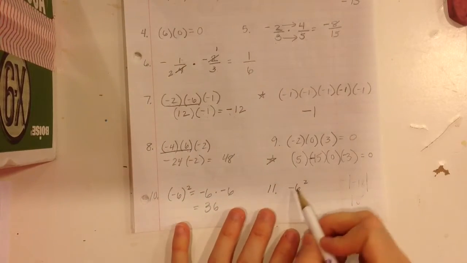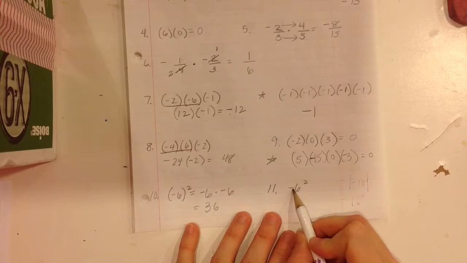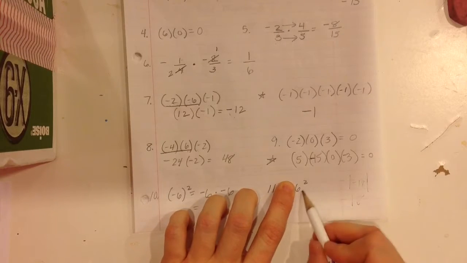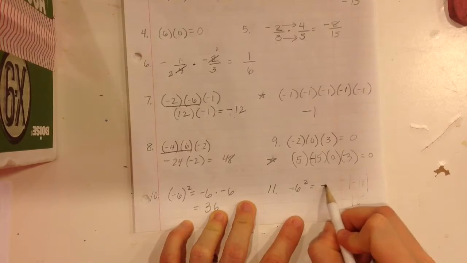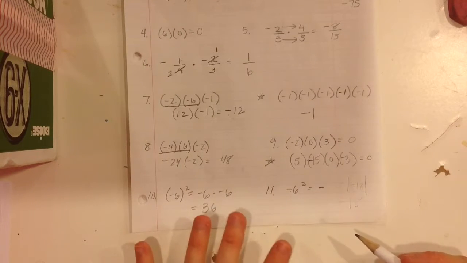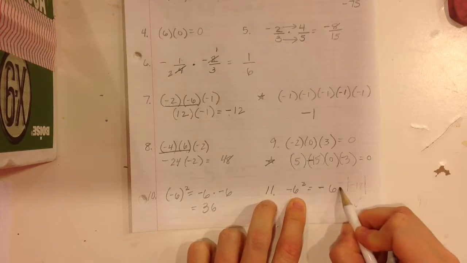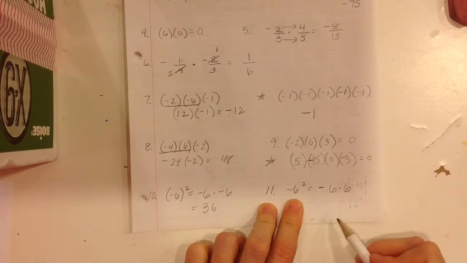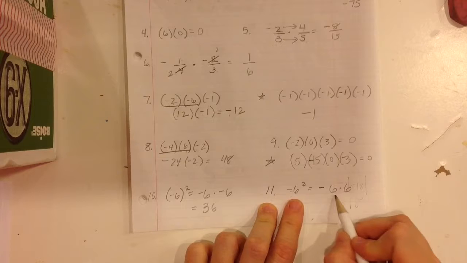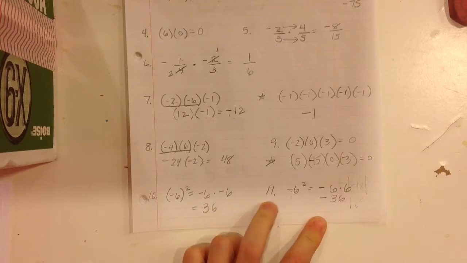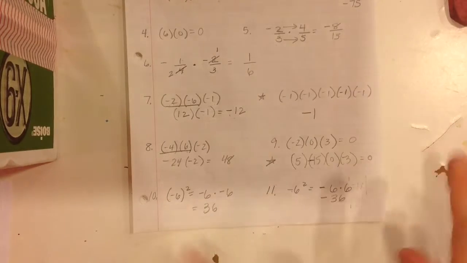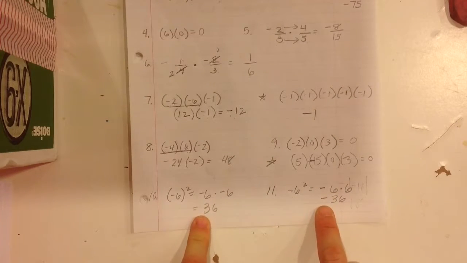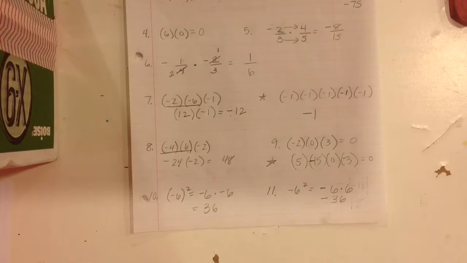If I have no parentheses around it, that just means that I have 6 squared and my answer will be negative. So that negative just sits out in front while we work our exponent. My exponent is 6 times 6, 6 times itself 2 times. So when I work 6 times 6, I get 36, and that negative just comes down into my answer. So notice that there are different signs. One's negative and one's positive. So parentheses really does make a difference, especially when you're dealing with exponents.